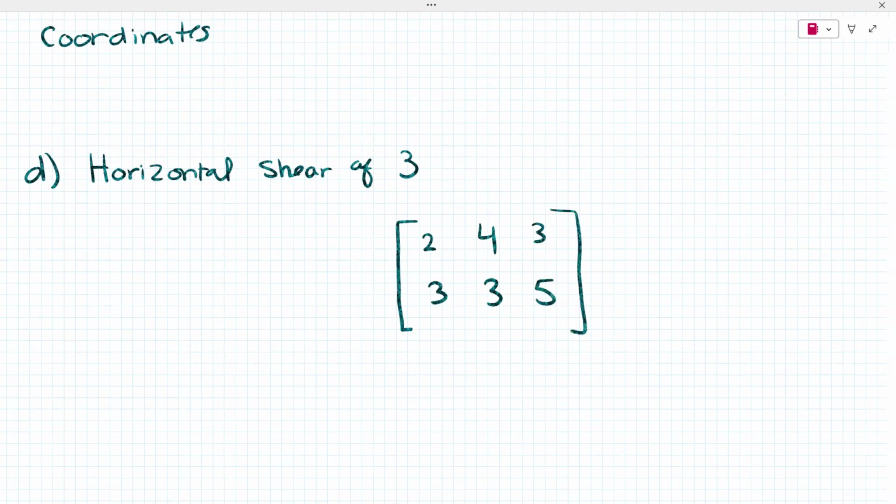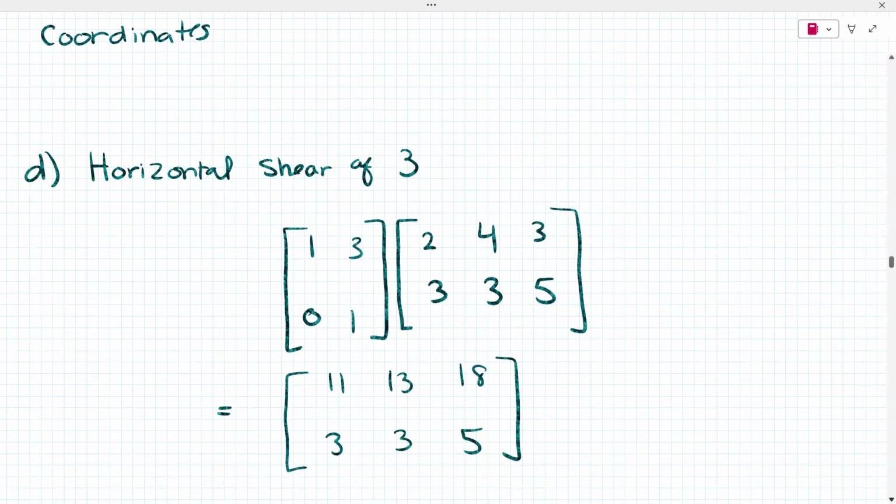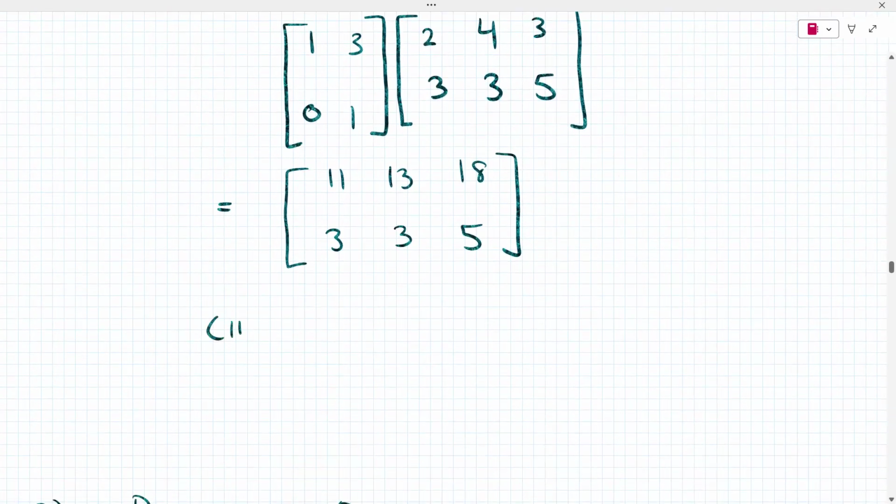For a horizontal shear of 3, the matrix is 1, 3, 0, 1. When you multiply those two matrices, you get the product 11, 3, 13, 3, 18, 5. Expressed as coordinates, that is (11, 3), (13, 3), (18, 5).